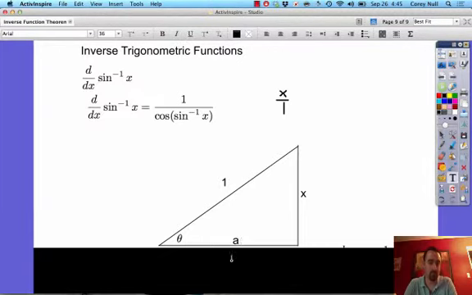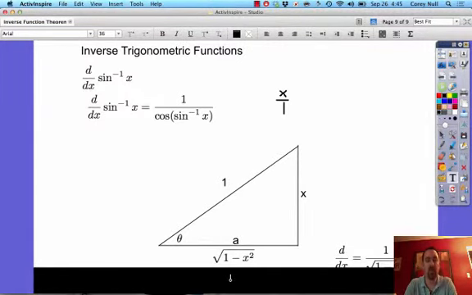Can we solve for a? Sure. a is going to be equal to the square root of 1 minus x squared, because a squared plus x squared equals 1 squared. Solving for a, I move the x squared to the other side and I take the square root of both sides, and I get the square root of 1 minus x squared. We're going to keep this positive in this instance because we're just looking at an arbitrary right triangle.